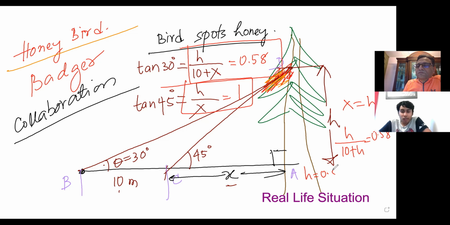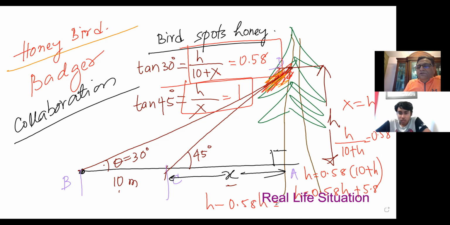So h equals 0.58 times, I'll write h first, plus 5.8, right? 10 times 0.58. Bring it together. So h minus 0.58h equals 5.8. That gives you the value of h. h equals 5.8 divided by 1 minus 0.58, which is 0.42. Calculate.